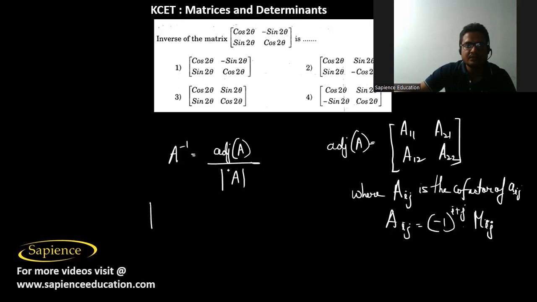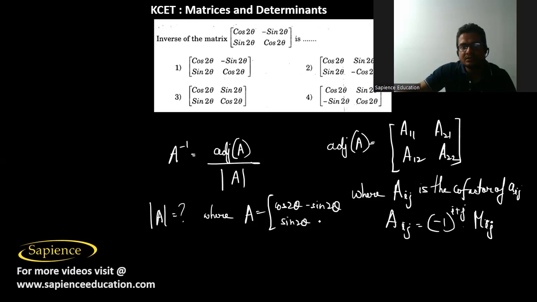So first we have to find the determinant of the matrix A, where A is given as cos 2 theta, minus sin 2 theta, and sin 2 theta, cos 2 theta.